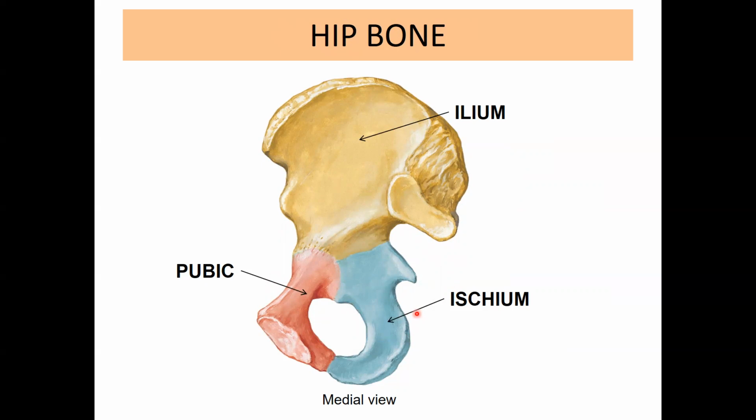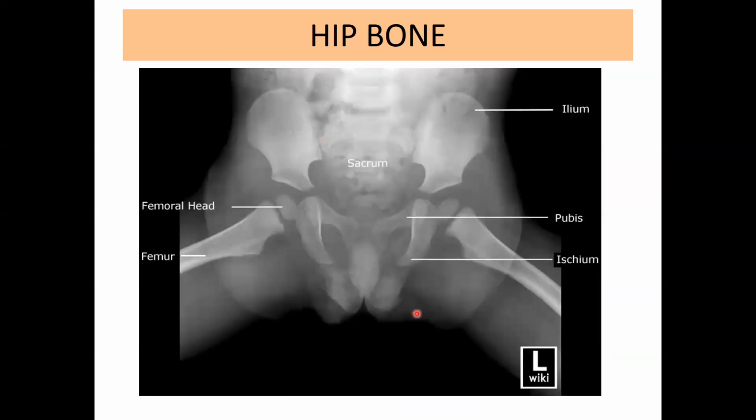posteriorly, inferiorly. This is how it looks in a pediatric patient, where you can see these three bones are not fully united yet. You can see the upper part is ilium, this is pubis, and this is ischium. So pubis is slightly smaller than the ischium.